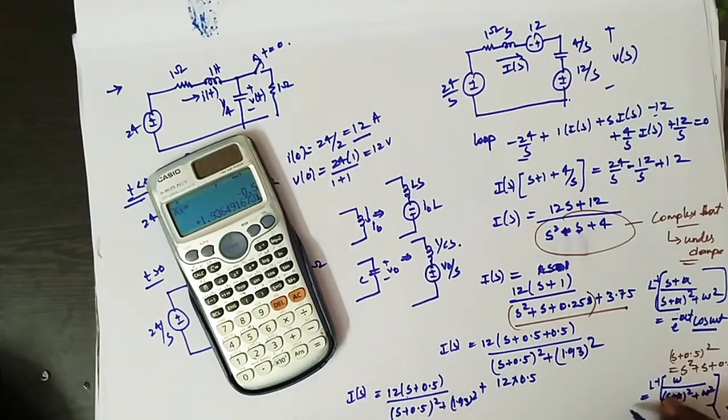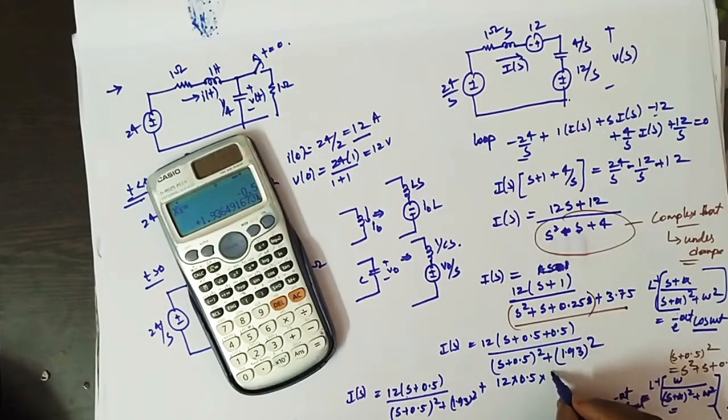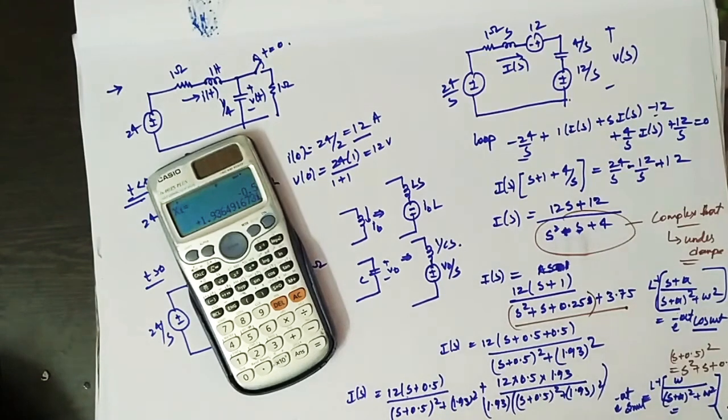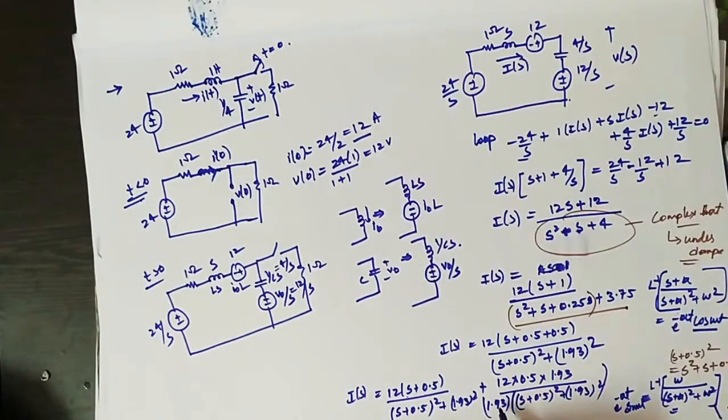For that we multiply and divide with omega, 1.93 divided by 1.93, in the same term s plus 0.5 whole square plus 1.93 whole square. Okay, I can write like this.